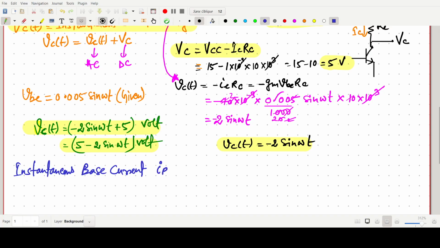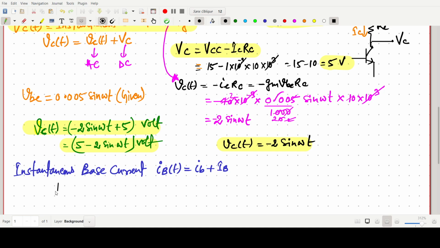The notation I capital B T, you have to be clear, means IBT has the AC base current plus the DC base current. Instantaneous current is why the symbol is in small letter and the subscript in capital letter. When both the symbol and subscript are capital, it should be our DC, the standard notation.